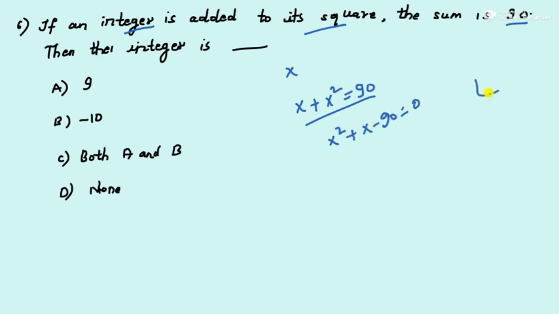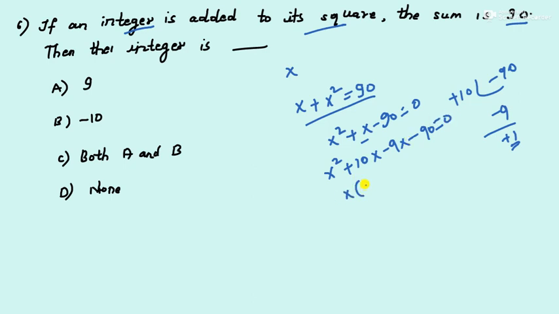When we solve, same factorization, minus 90, and here you have to get plus 1, correct? So 10 nines, it is direct, and this is plus and this is minus. So 10 into 9 minus 9 is minus 90, 10 minus 9 is plus 1. So you have to keep in mind the sign rule also, you have to follow that too. So x square plus 10x minus 9x minus 90 equals 0.